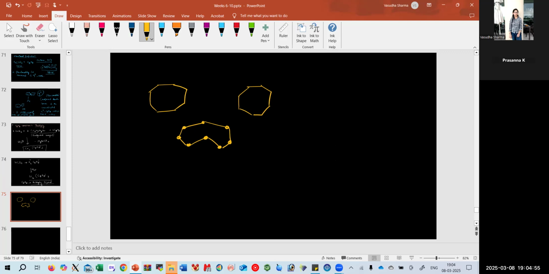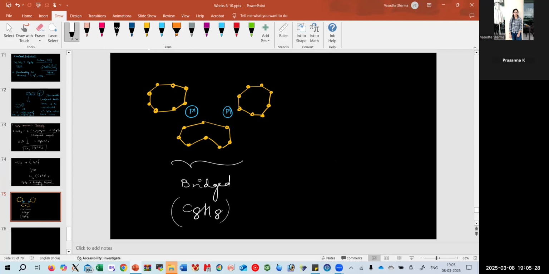I'm not making the double bonds, I'm just highlighting the atoms. If we have 2 metal centers, one metal center here, another metal center here, these ones are terminal, which only bind with the metal center. The other one is the bridged C8H8. These 2 are terminal ones.